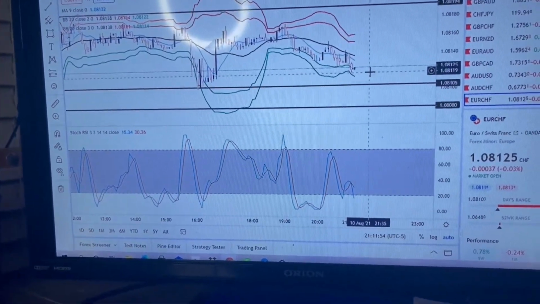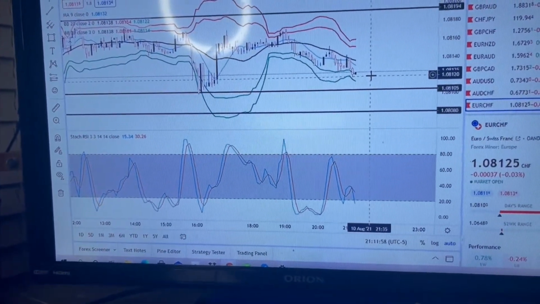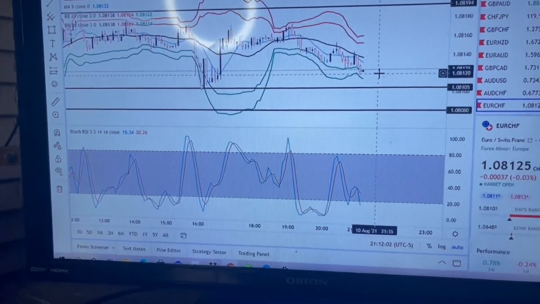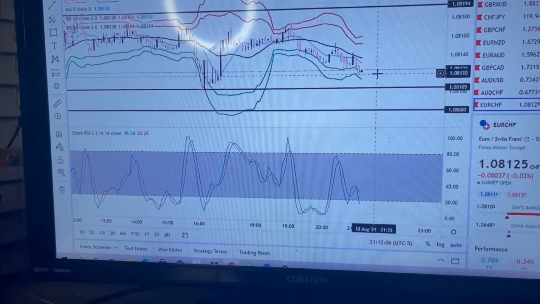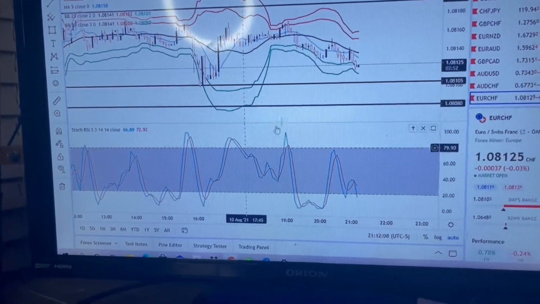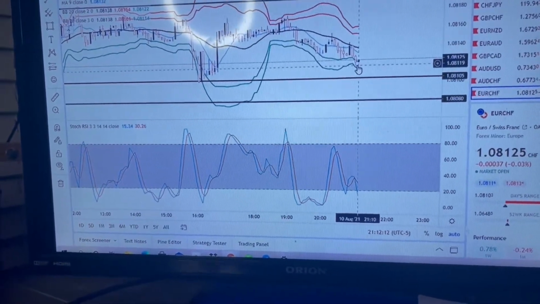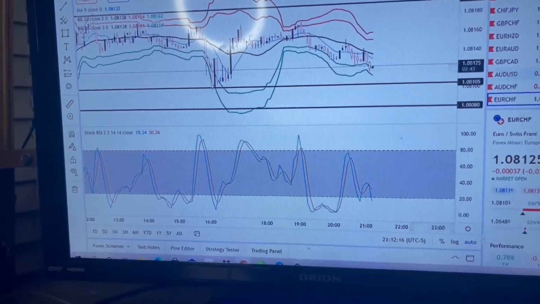So I'm not going to say I took a risk here, but it definitely was a trade that really could have went either way. But I was very confident that this market was going to go up more so than anything. So that is why I took that trade, and we were able to win 2 trades off of that one setup.